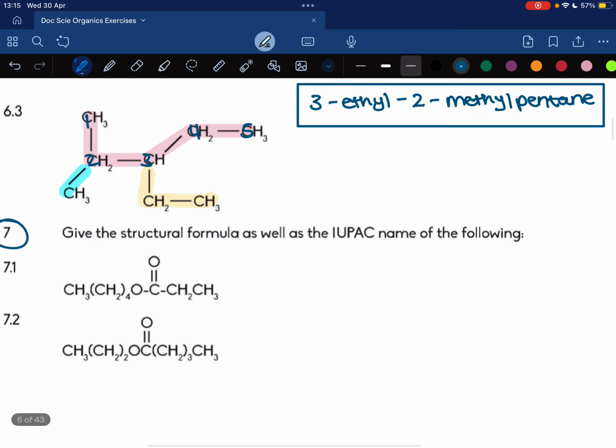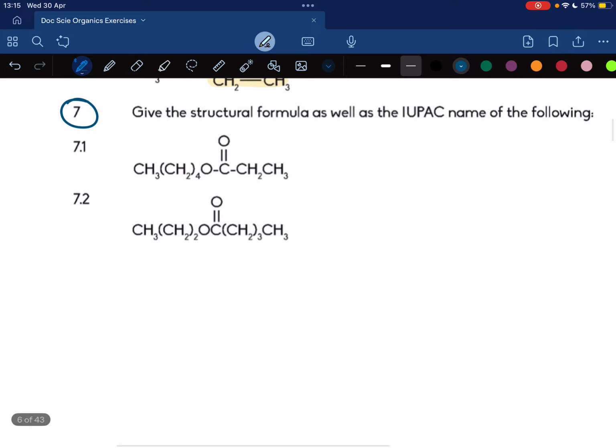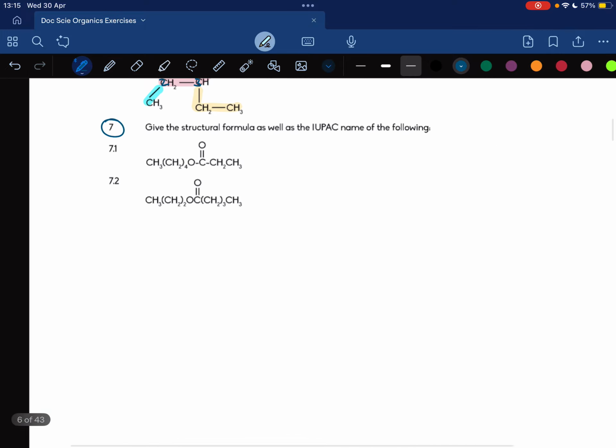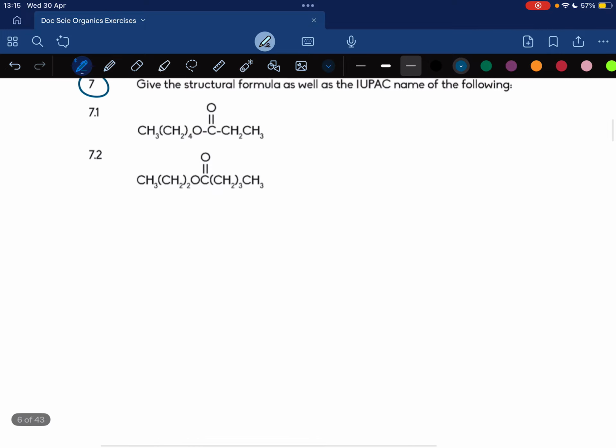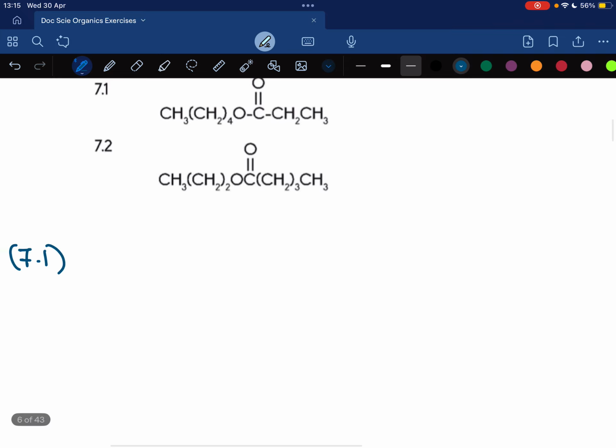Okay, then number 7 says give the structural formula as well as the IUPAC name for the following. So 7.1 says, we have CH3, so we have 1 C, 3 hydrogens.